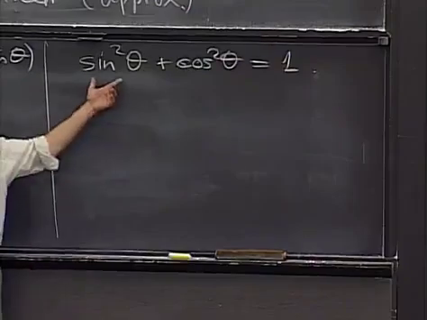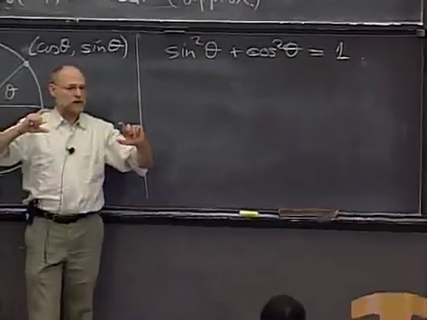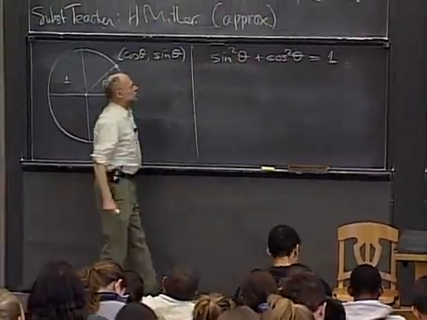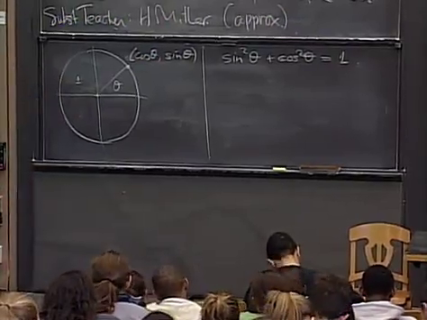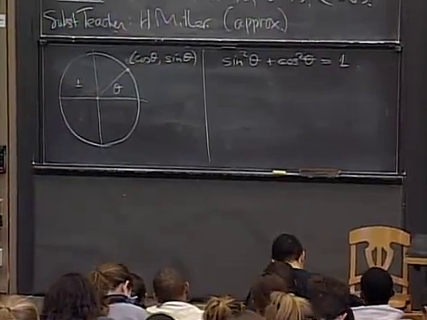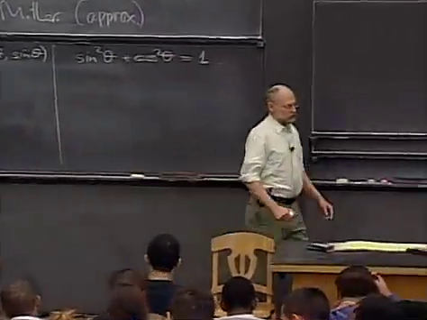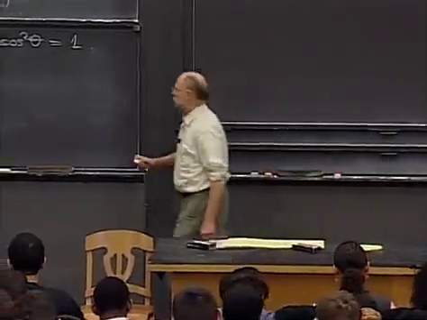Remember the convention, sine squared of theta secretly means sine of theta quantity squared. It would be more sensible to write a parenthesis around the sine of theta and then say you square that. But everybody in the world puts the 2 up there over the sine, and so I'll do that too. That follows just because the circle has radius 1, but then there are some other identities too, which I think you remember.